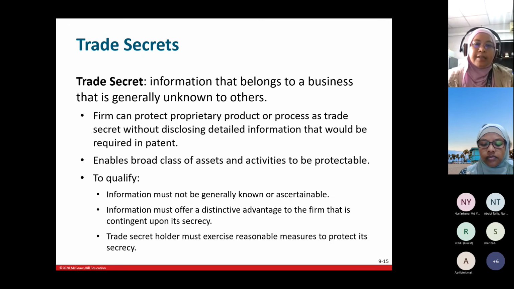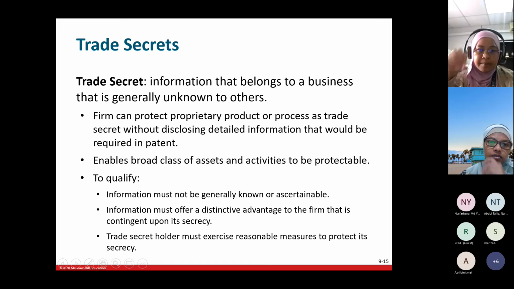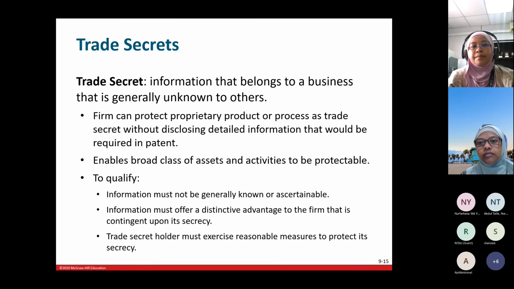So not everything is actually revealed to everybody. And it also enables a broad class of assets and activities to be protectable. So for those kinds of ingredients, recipes and so on, it is not that you have to reveal everything. No. You can still sign certain documents under trade secret in which you don't reveal the main ingredient of the product.